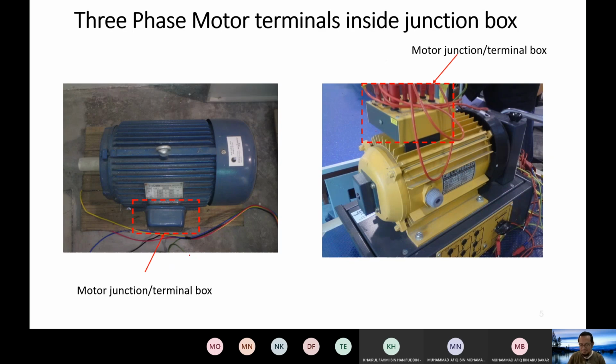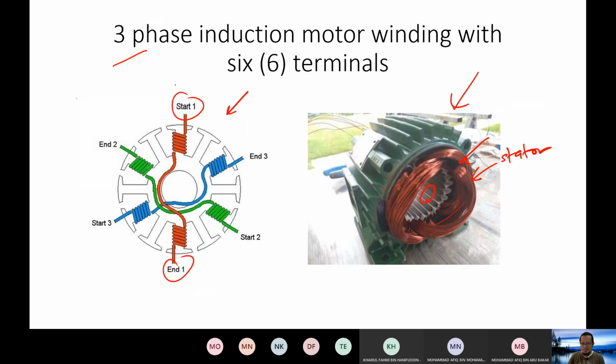Since we have three phases, we have 1, 2, 3, 4, 5, 6 terminals. These 6 terminals you are going to connect in such a way that they can be configured as a star or delta. We'll talk about star delta after this, and I hope you have watched the video that I sent you in Telegram. Those are a very basic introduction on how the star delta system works.